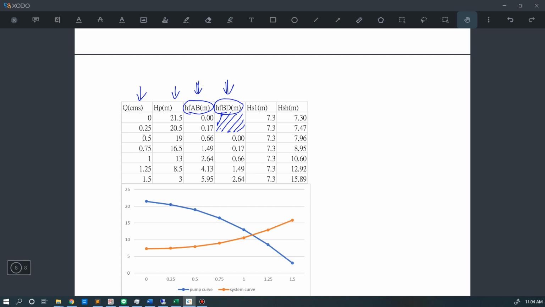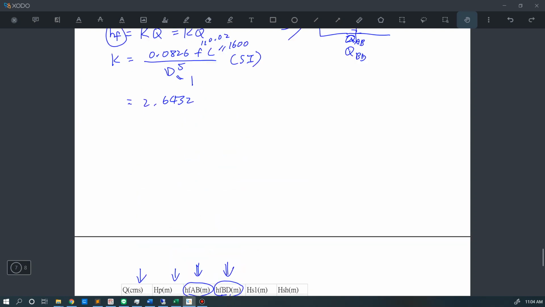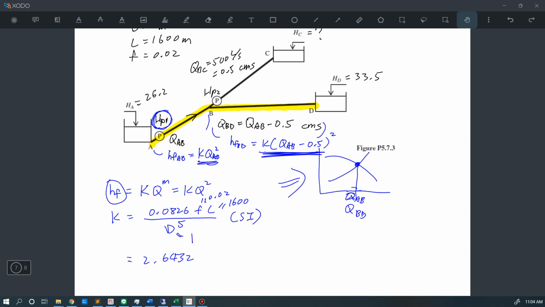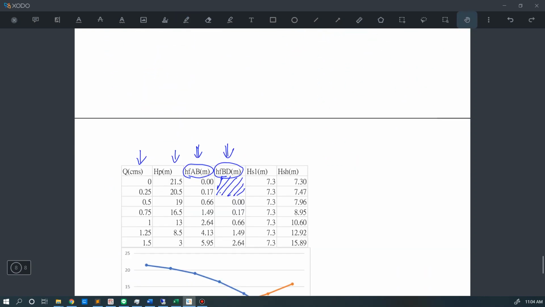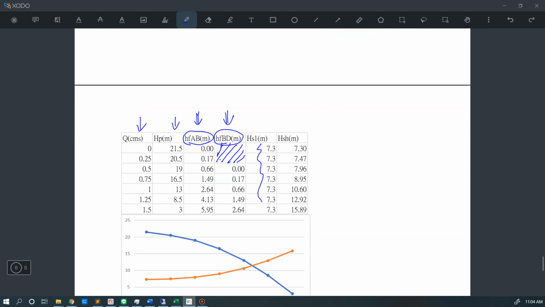After that, we know the elevation difference between reservoir A and reservoir D is HD minus HA, equal to 33.5 minus 26.2, which is equal to 7.3 meters. So you just write down 7.3 in this column 5.